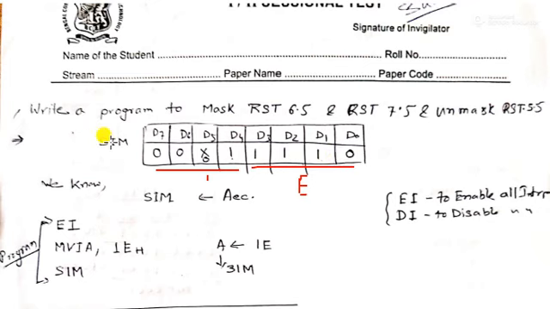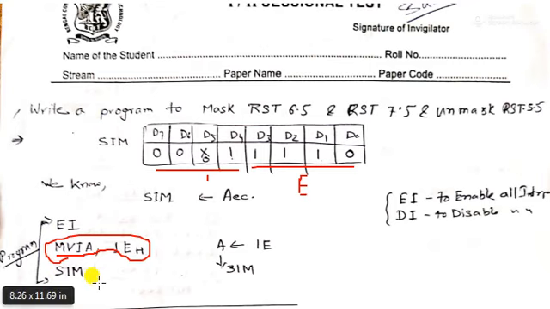Okay, so that's why we use MVI A, 1E, because SIM always loads from the accumulator. Internally, there is an instruction, SIM, which loads the data from the accumulator.